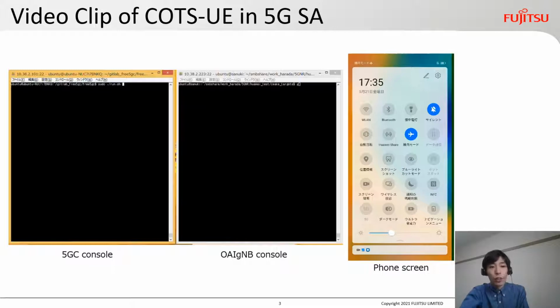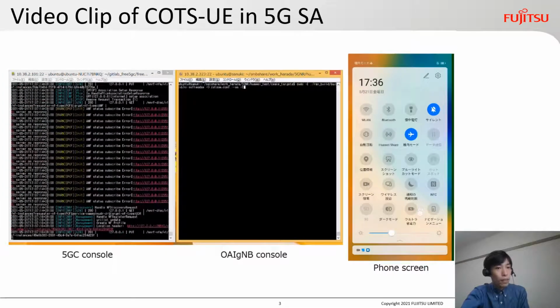Let me show you the actual video clip of a commercial UE's connection to our 5G standalone network. The left side console is for 5G core, and the right side one is for OAI gNB.